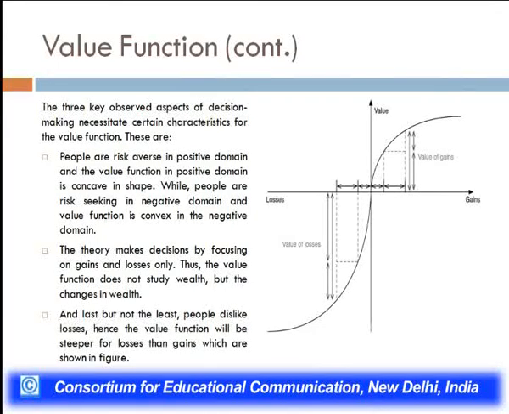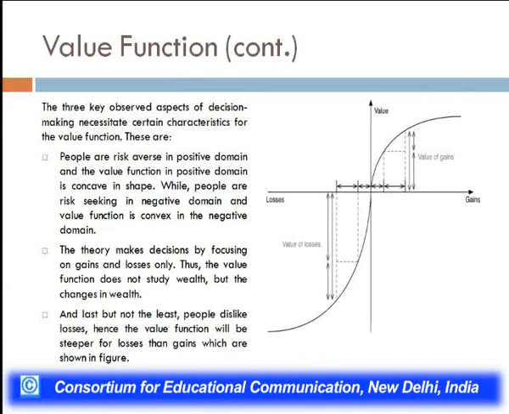The theory makes decision by focusing on gains and losses only. Thus, value function does not study wealth, but it studies the changes in wealth. How much our wealth from the status quo has gone up or has gone down will decide whether we will have loss aversion, or will give more value to these losses, or will be risk seeker or risk averse.